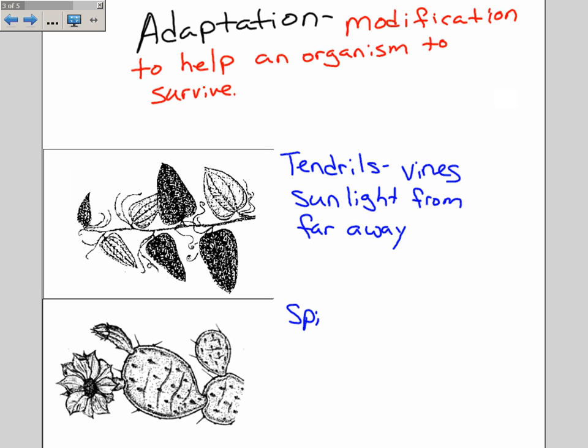So spines help protect the plant. You know how roses have thorns on them? Helps protect the plant. So there's 2 adaptations. We've got several more.